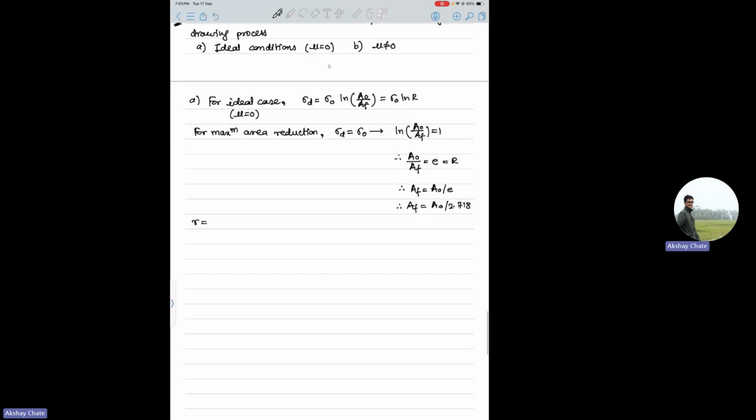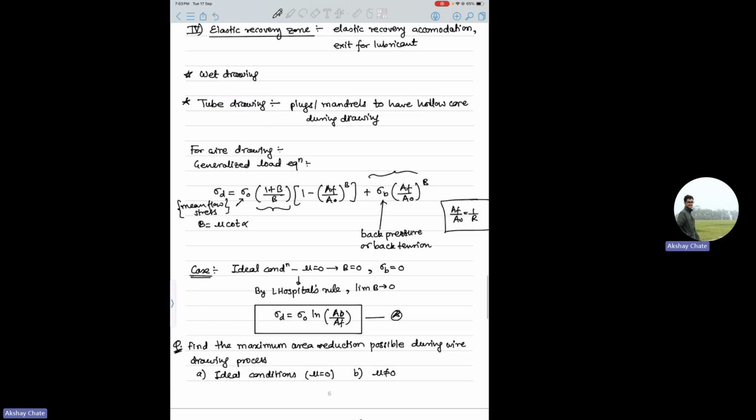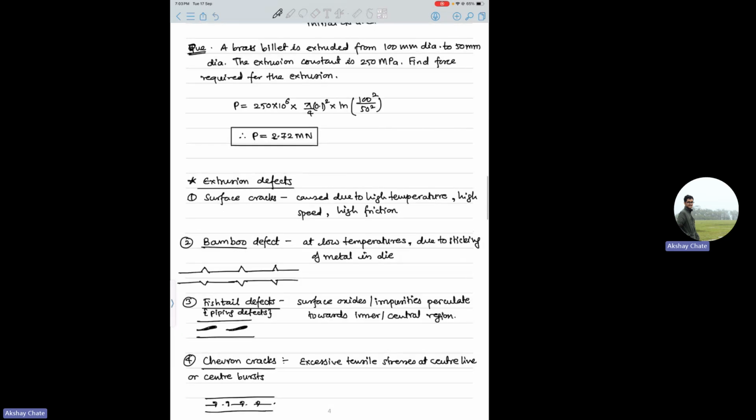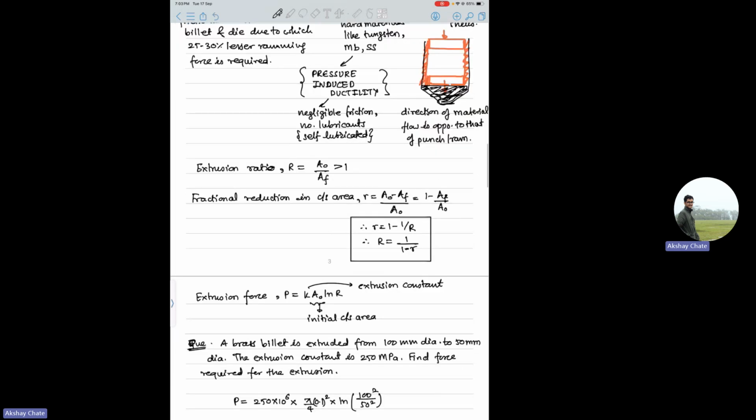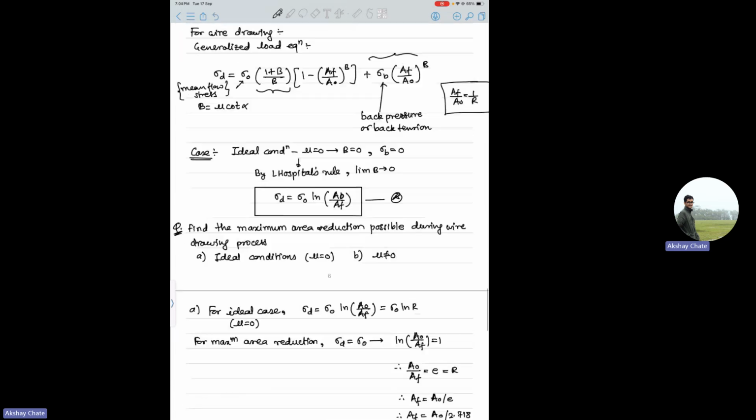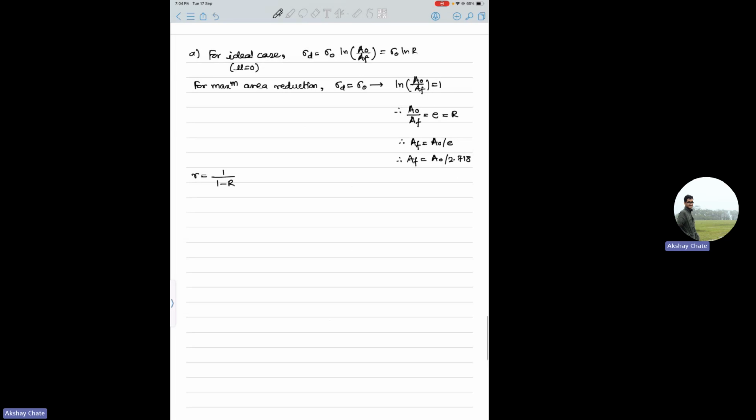So basically they want the fractional reduction, and from the previous cases we know that it can be written as 1 minus 1 by R, right? So here R is e. So you have to take 1 by e. That becomes 0.368. So this is basically 1 minus 1 by e, 1 minus 0.368.